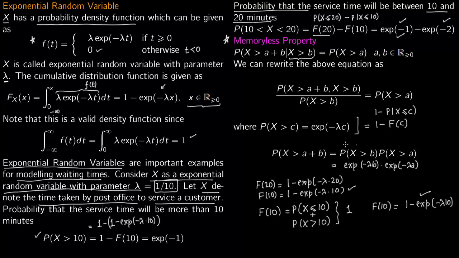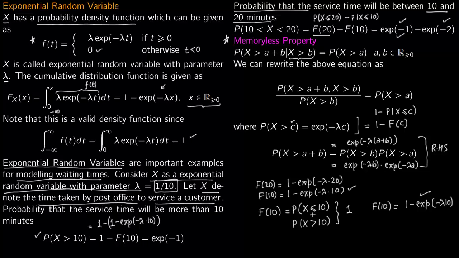You multiply them together, you get exponential of minus lambda times a plus b. So you can see this is the right hand side. You have got exponential of minus lambda a plus b, and on the left hand side by definition instead of c you can replace with a plus b. You again get the same thing.